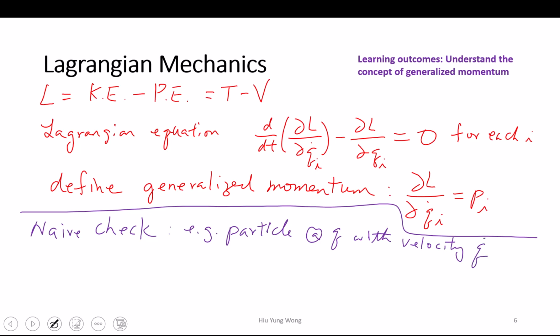Is this okay? This is just regular coordinates and a regular particle. What is the kinetic energy of this guy when it moves? Half m v squared, so it is half m q dot squared. Do you agree?